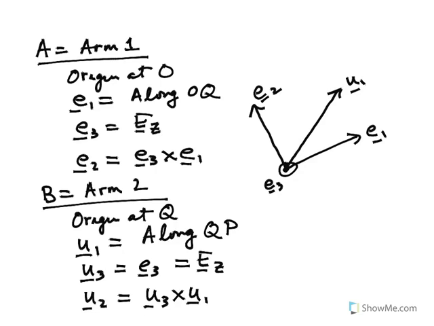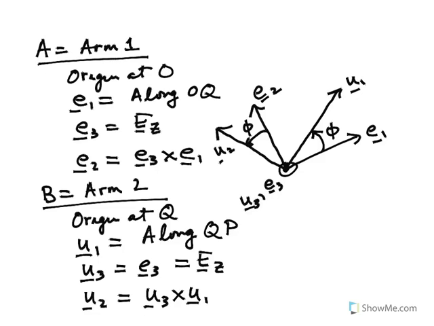This is U1, this is U2, and then U3 is out of the page, and the angle here is phi, and the angle here is also phi. So from this, we can actually start to put together the position and then the velocity and the acceleration.